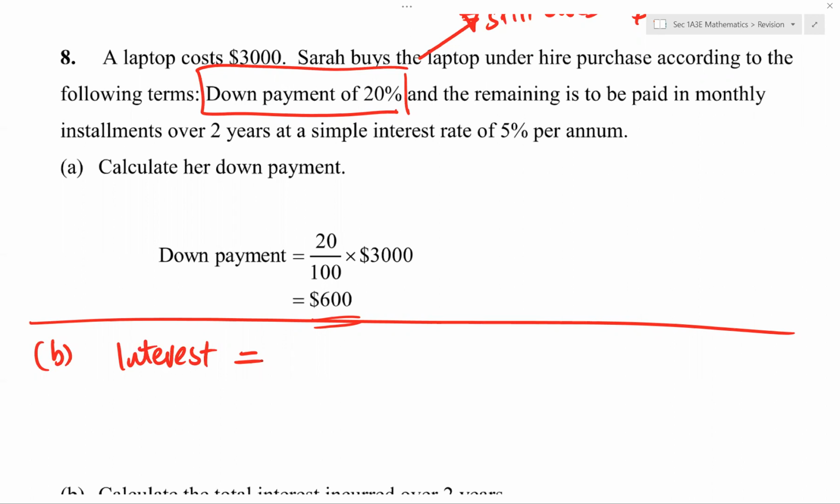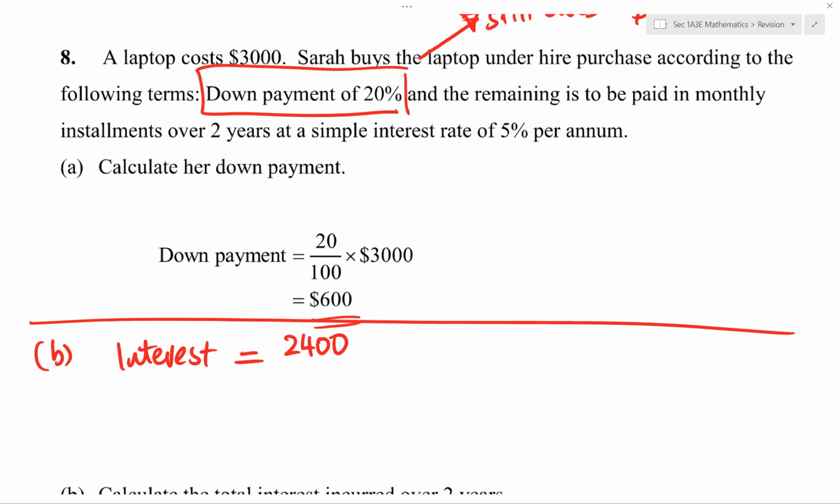She owed them money. That is the principal. How much did she loan from them? Was it $3,000? No. She paid $600 already. So she kind of owed them $2,400. That is our principal. $2,400 for the P value.